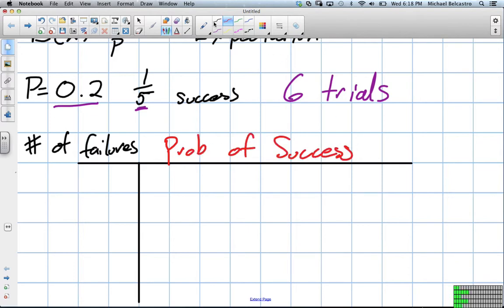You're wondering, how do I go about this? Well, we know our probability formula is P of X equals Q to the power of X times P, where X is the number of failures.